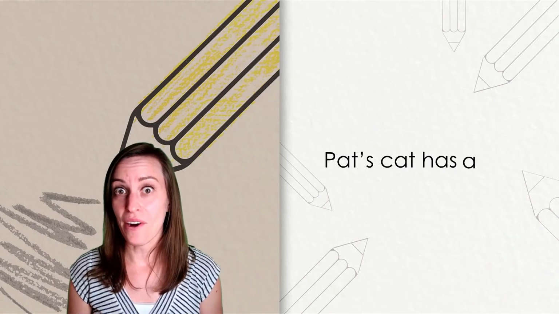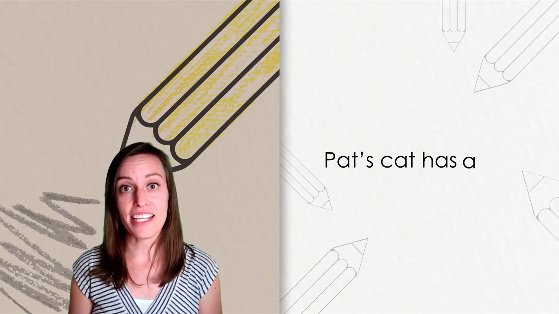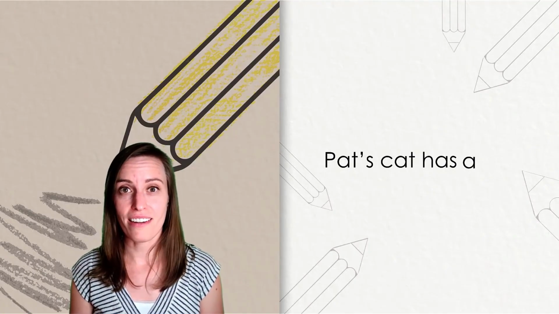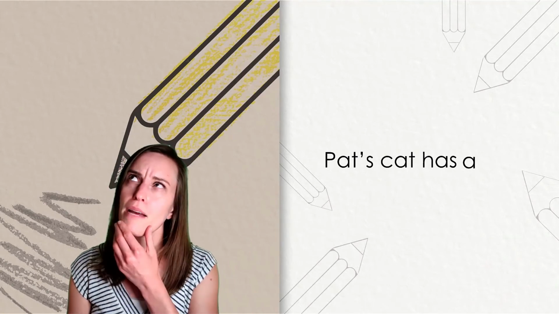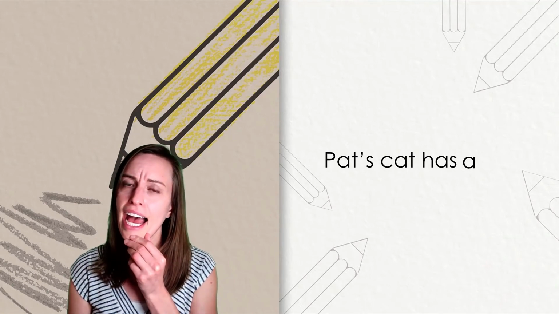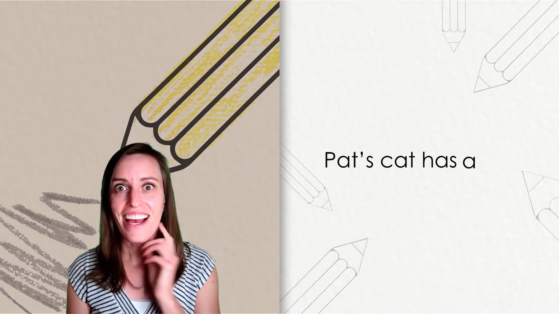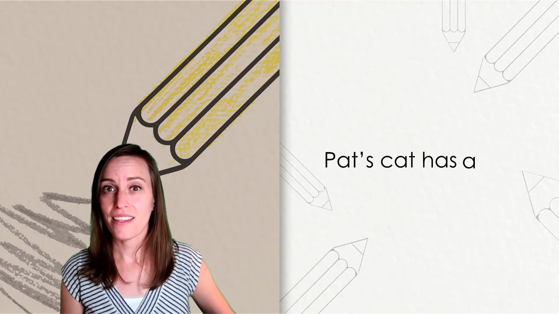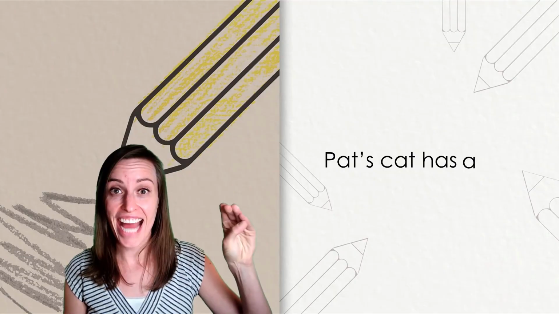I added that word a for us. You can go ahead and add it to your sentence. We have one more word. Do you remember what it is? Pat's cat has a... That's right, a hat. Tap that one out with me. At, hat.